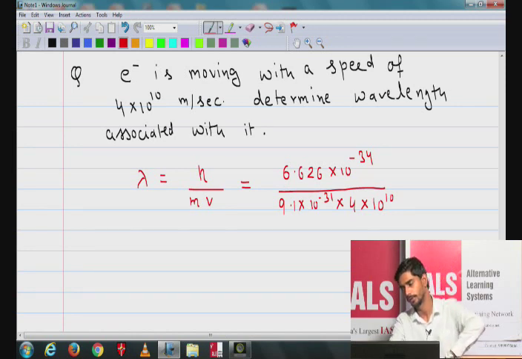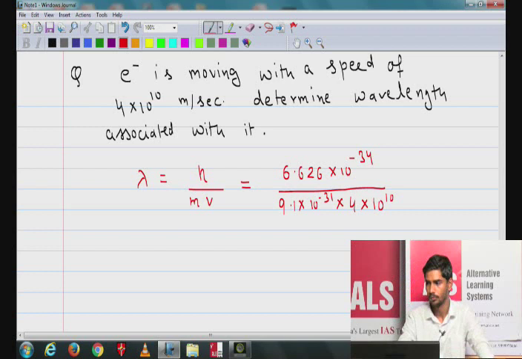Okay, we have got one answer, 1.8 into 10 to the power minus 14. Yeah, very good. Who got this answer from the Shillong center?